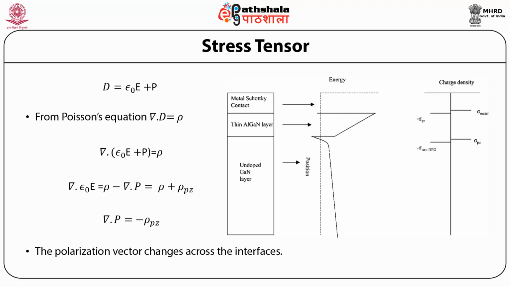So the polarization charge density at each interface is compensated by the charge density in the top metal Schottky barrier and in the bottom GaN layer.